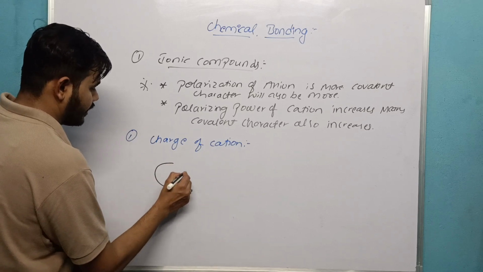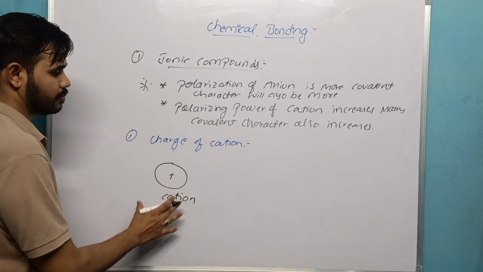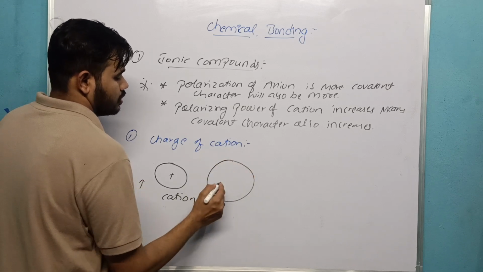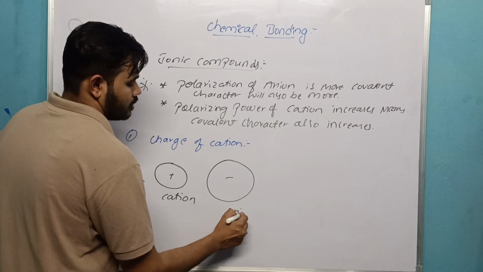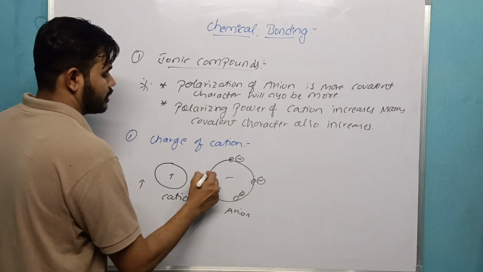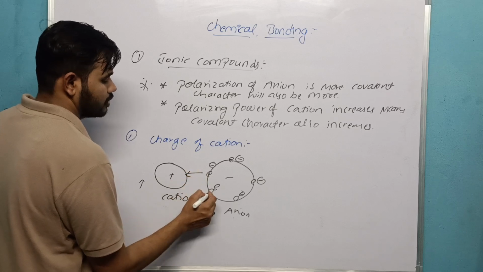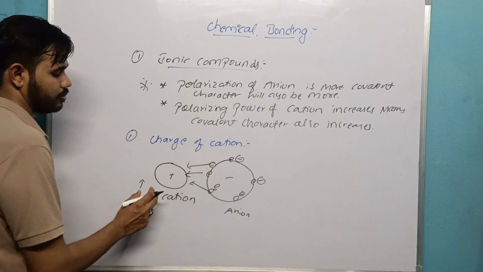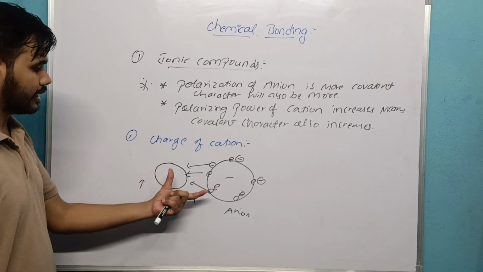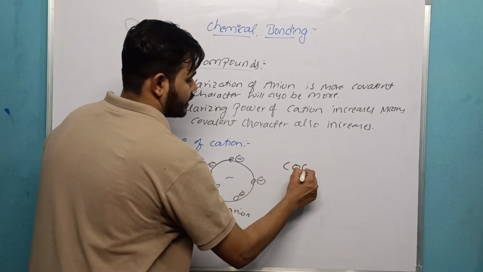If the charge of the cation is more, it attracts more electrons towards itself. If the charge of the cation is increased, it attracts more electrons towards itself. In this case, covalent character also increases.